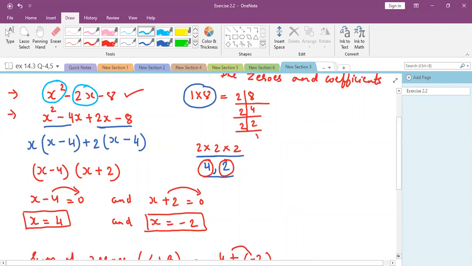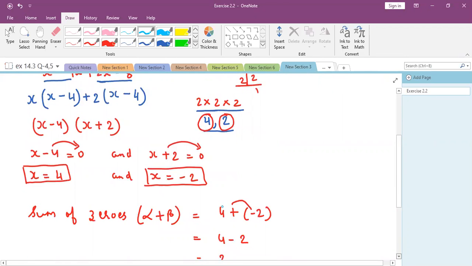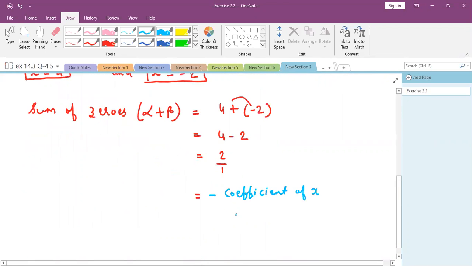So in place of the denominator, we can write 1 as the coefficient of x square. So here we can write coefficient of x square. That is always we can write as minus b by a.